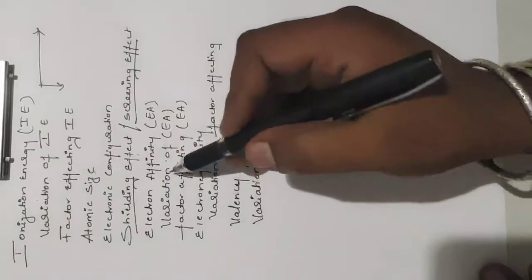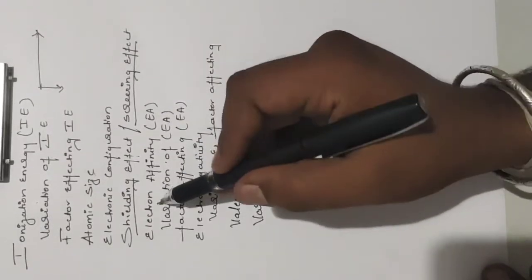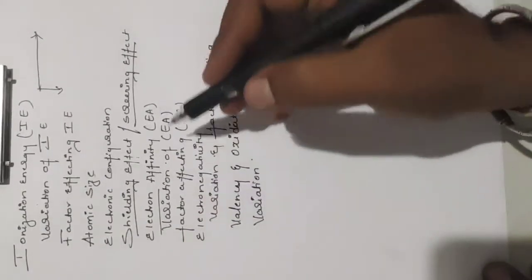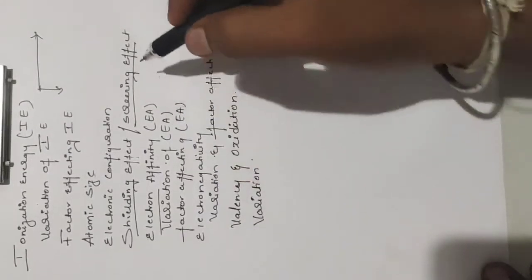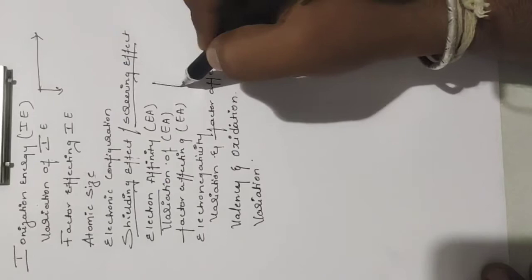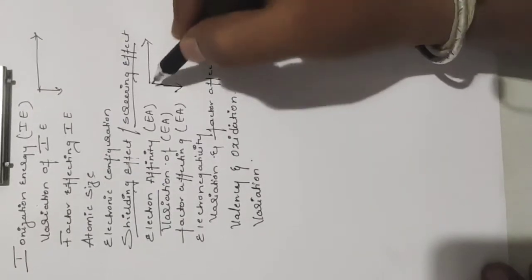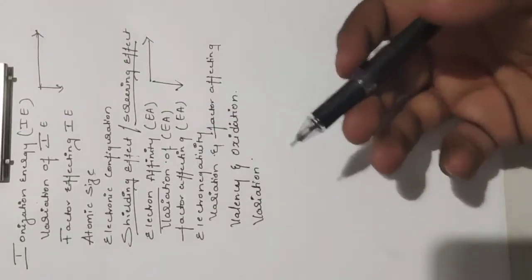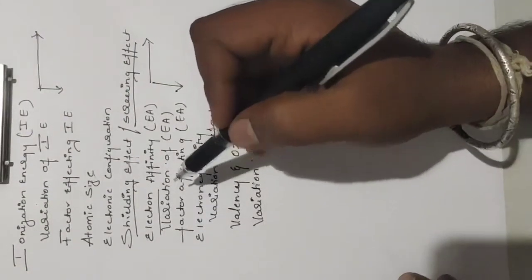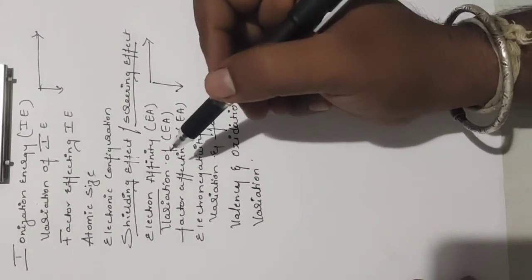Electron affinity, we call it EA. We discussed the variation of electron affinity in groups and also periods, which I am showing with arrow marks, and which factors affect electron affinity, we are going to discuss in this video.